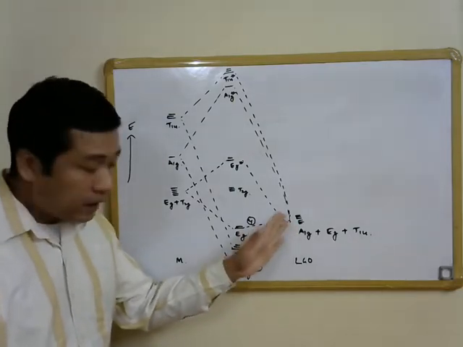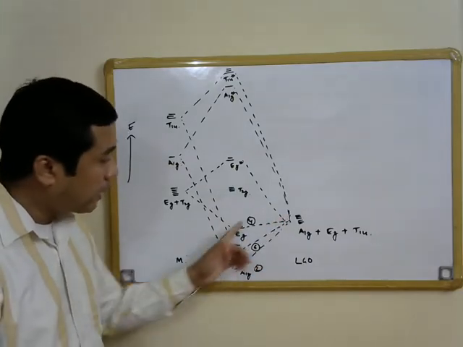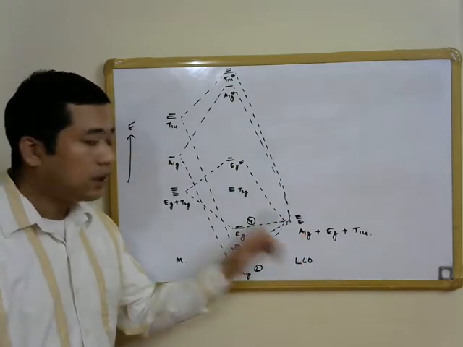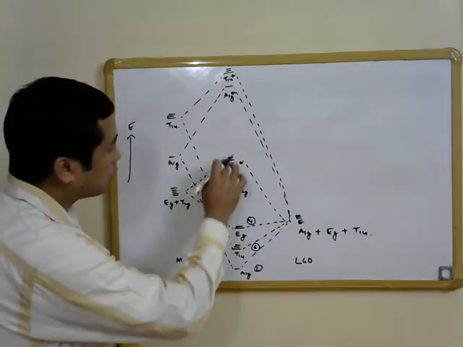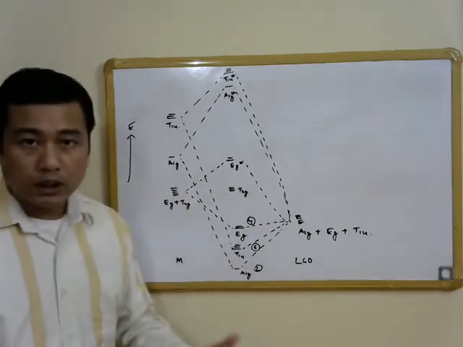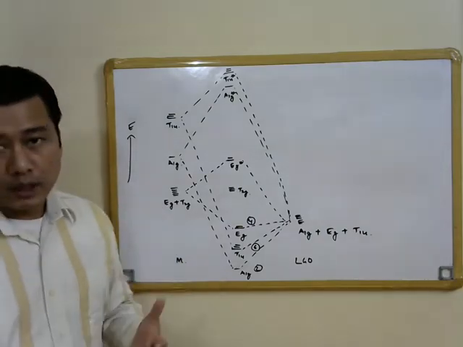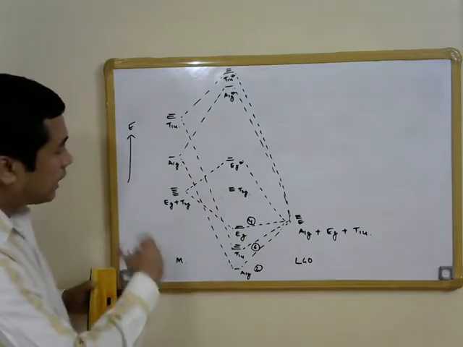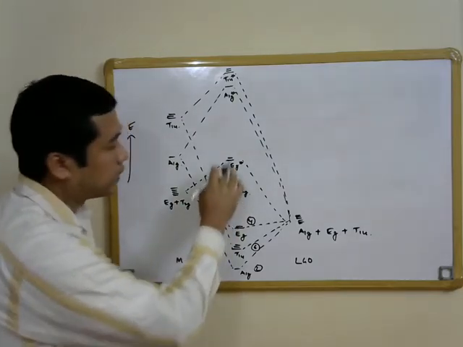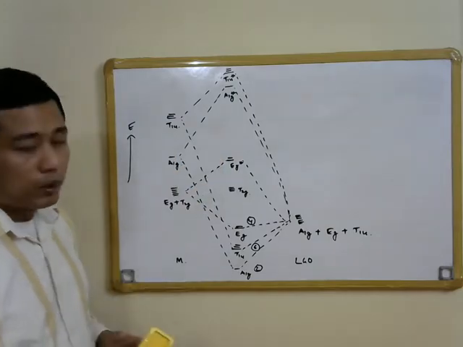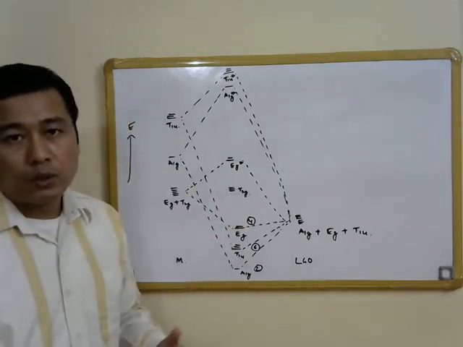These are ligand electrons because the energy of these molecular orbitals is closer to the energy of the ligand group orbitals, while the energy of these two molecular orbitals is closer to the energy of the metal orbitals. So now all the electrons present in the metal are going to be filled in these molecular orbitals, that is the T2G molecular orbitals and EG star molecular orbitals.